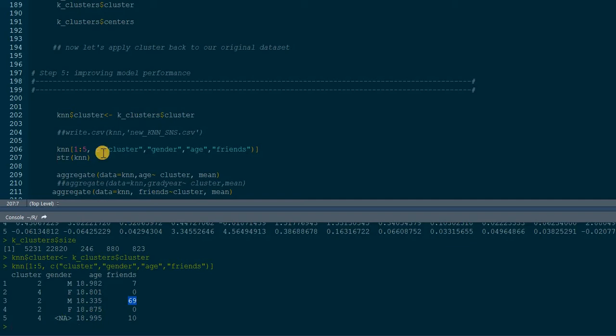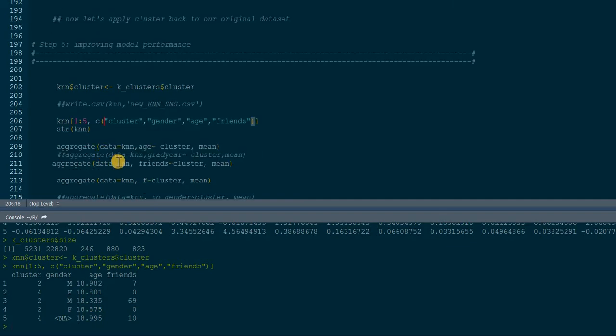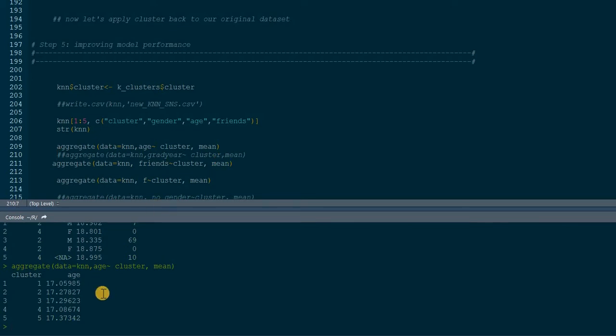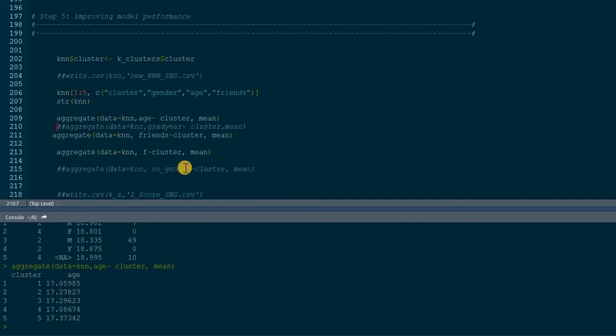So let's look further. Let's see if we can drill down. Let's look at the mean of each cluster. Each cluster is about 17 years of age, which is quite significant and promising, as our mean age was 17.